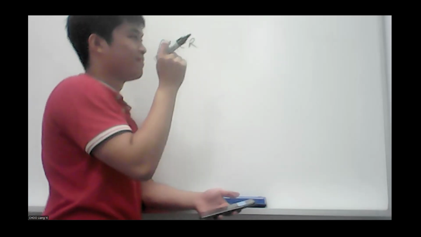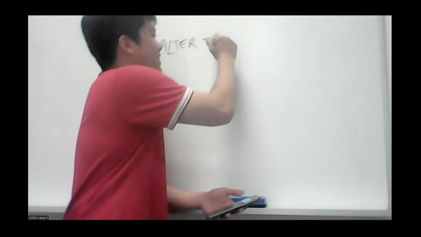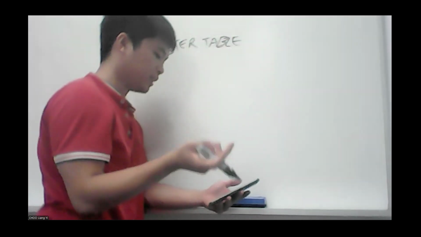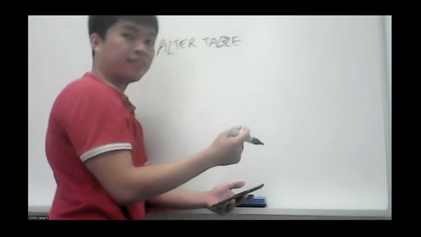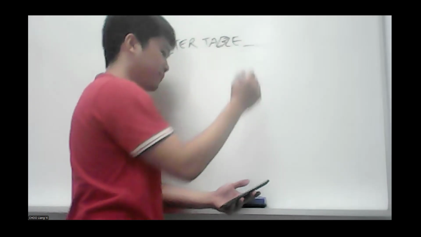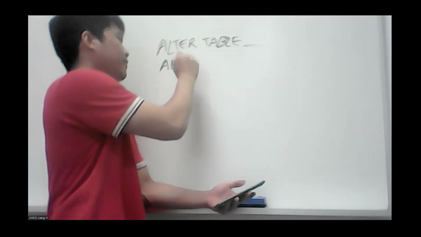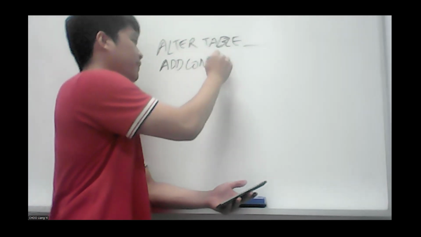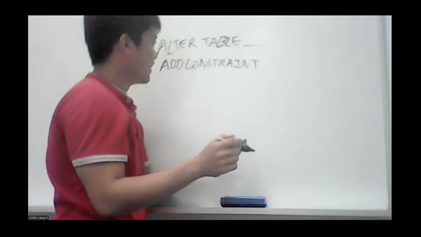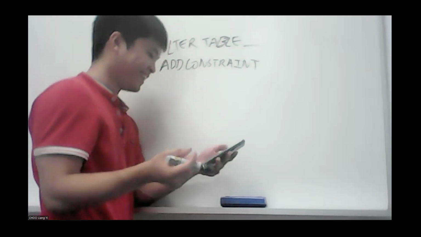I don't know what the difference between update and alter is, but you just need to know that if you want to update the constraint, you need to use the words alter table. So alter table, then the table name again. For example, I want to add a constraint.